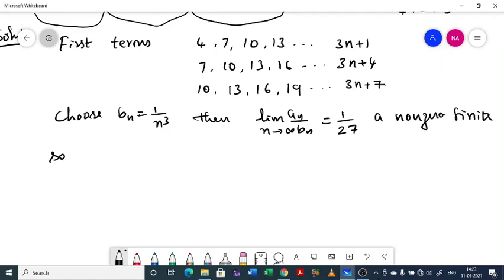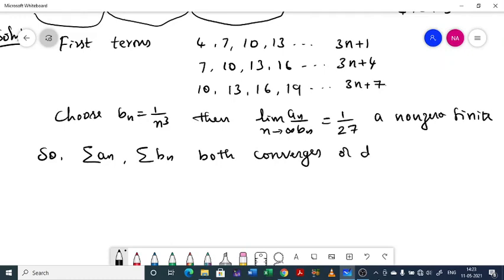So the conclusion is, summation an, summation bn both converge or diverge together. But summation bn is convergent, yes, summation bn converges by p test.